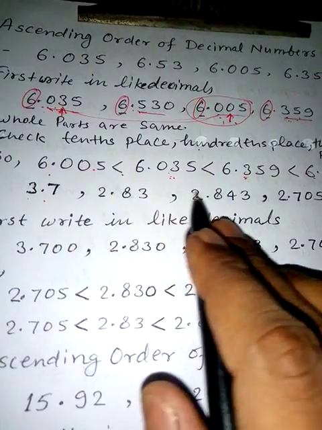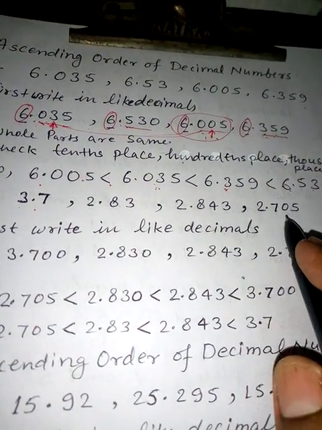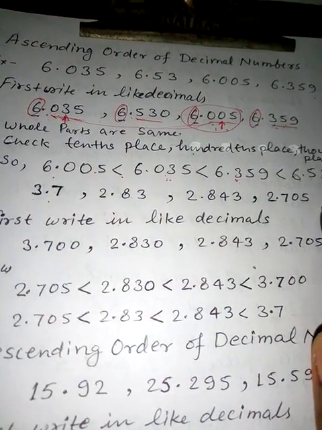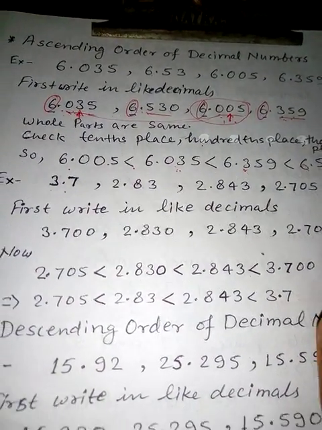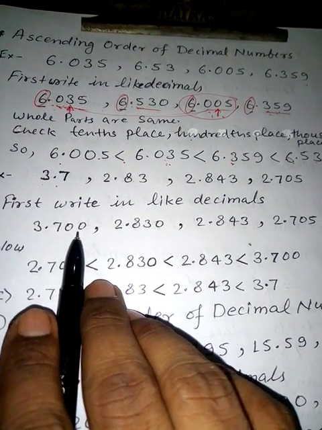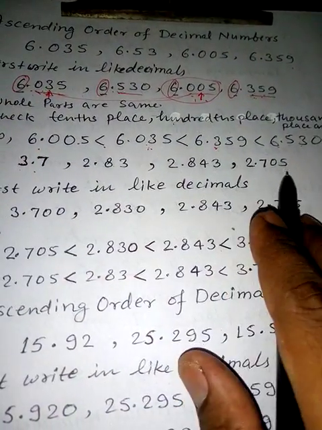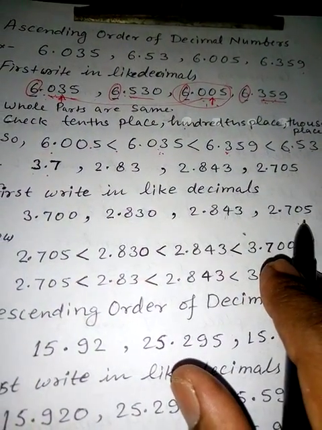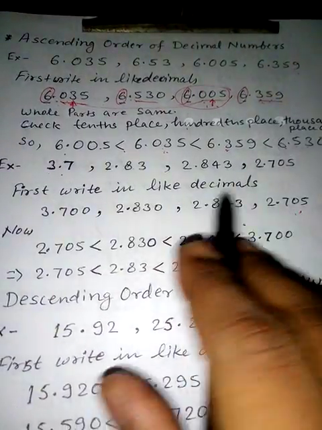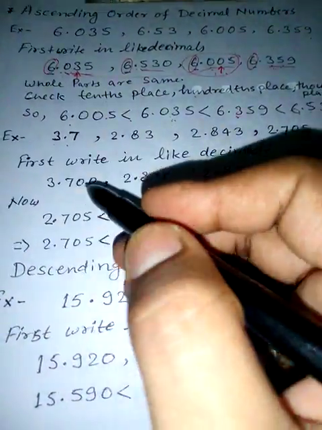Okay. Now the second example. It is written 3.7, 2.83, 2.843 and 2.705. First write the decimal numbers in like decimals, putting 2 zeros here to make it 3 places of decimal, putting 1 zero here to make it 3 places. These are already 3 places. Now these numbers are like decimals. Now come to the whole part.